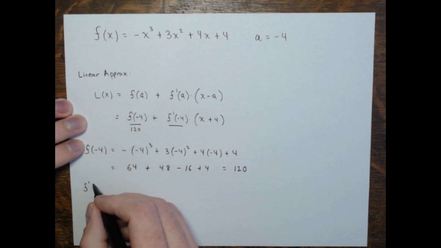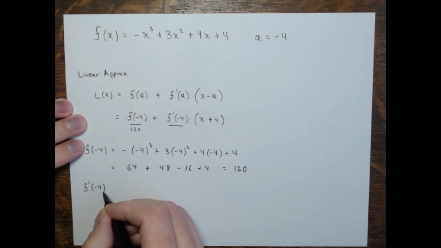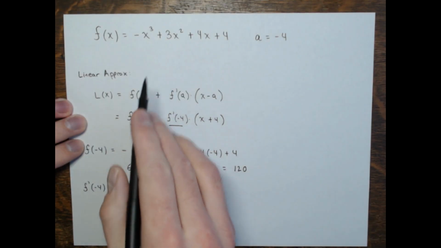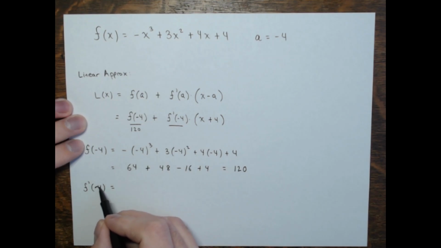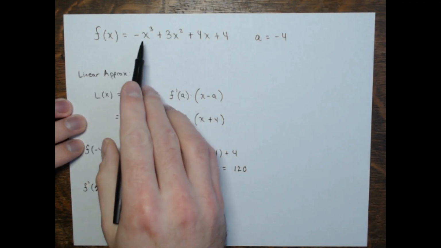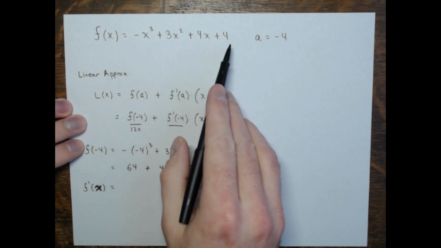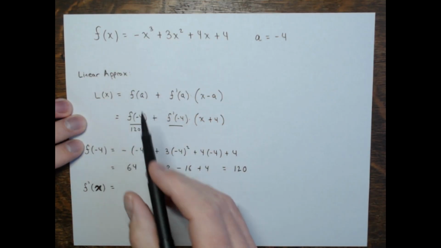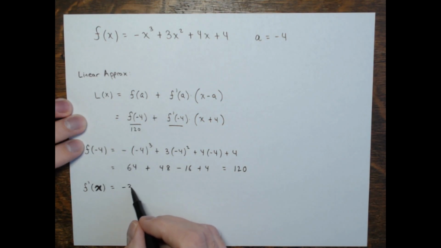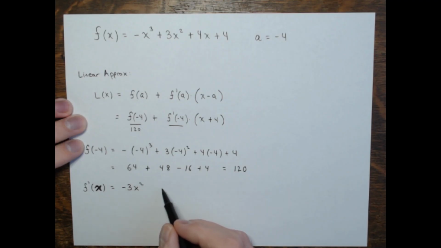And then f prime at negative 4. Well, first let's find f prime at x, and just get the derivative function anywhere, and then we'll plug in negative 4. So again, simple polynomial here, just going term by term, applying the power rule. So that'd be negative 3 times x squared, plus 6 times x to the first, plus 4.